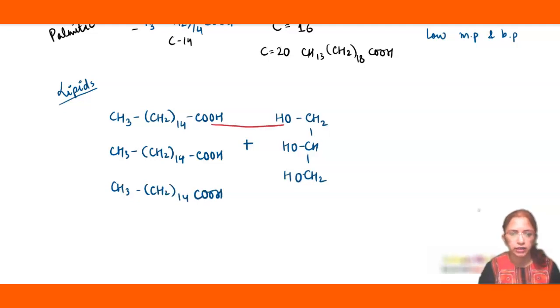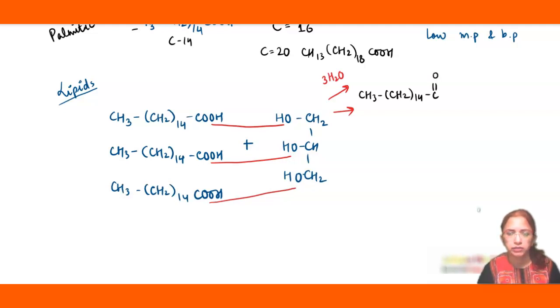Just see here, these will be condensed and the overall product we have to join. So how many molecules of water will move out? Of course 3, and the resultant product will be our tripalmitin, which is an example of a lipid or a fat. So let's write all together. Even you can practice.